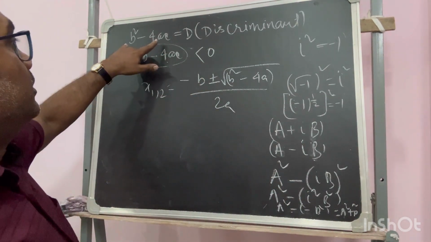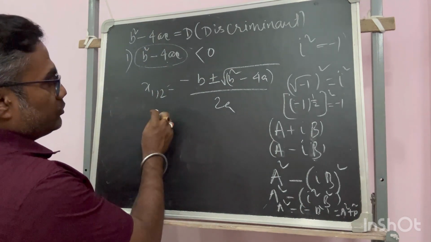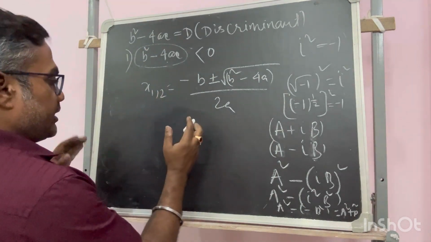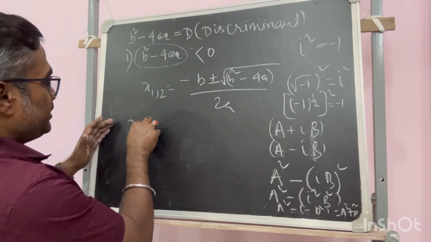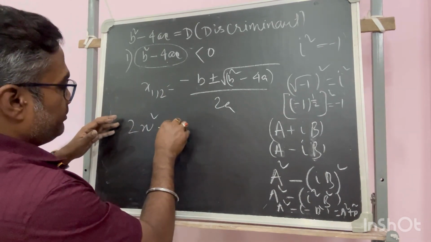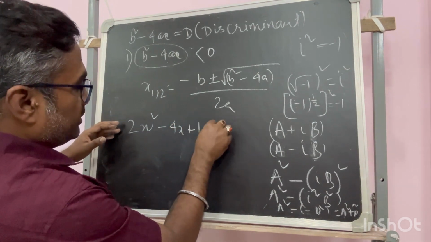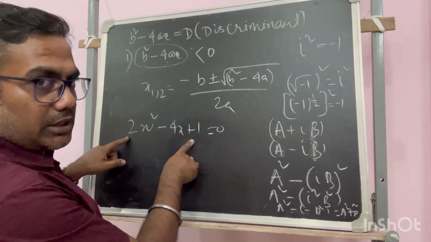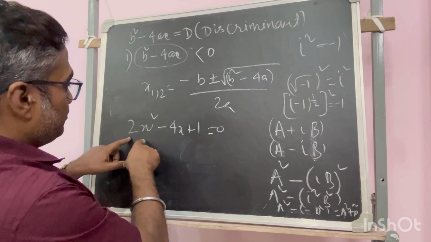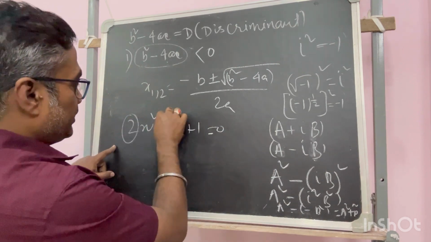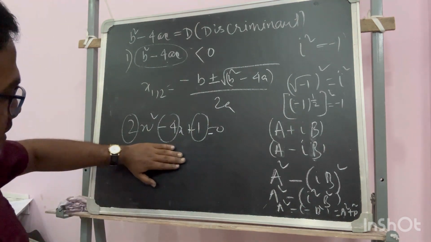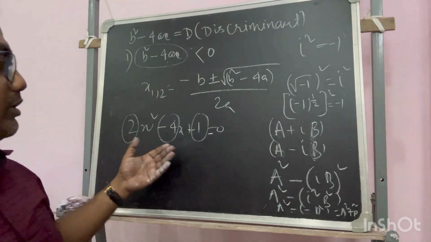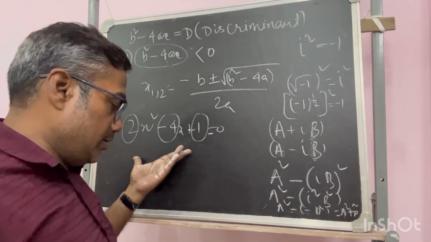That means the expression which carries those roots will not carry any imaginary number. Even if it has two unreal, imaginary values, none of the numbers you will find here is imaginary. So ultimately, if two roots are multiplied, I will get a real expression. Understand?